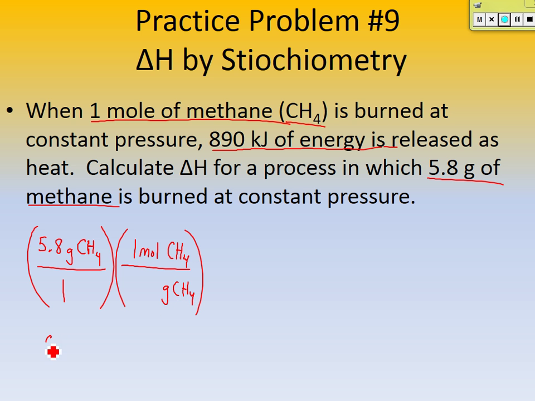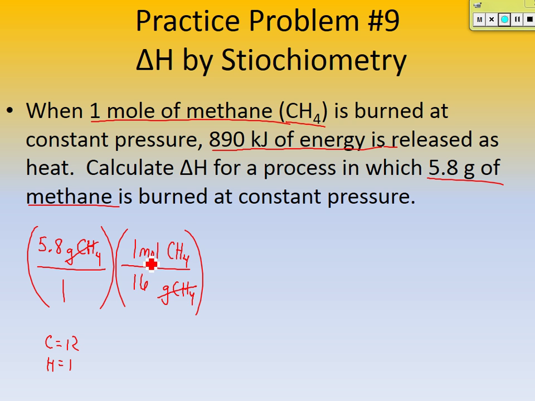Yeah, you look at the periodic table, carbon is equal to 12 grams. Hydrogen is equal to 1 gram. Well, we've got 12 from the carbon plus 4 more from the hydrogen. That's 16 grams in 1 mole. Okay? So what we did there is now our grams of CH4 cancels out, and we just converted to moles of CH4. So all we did right there was convert to moles.